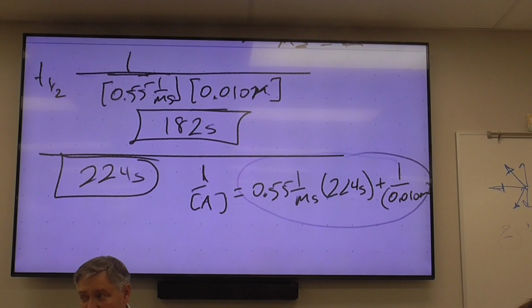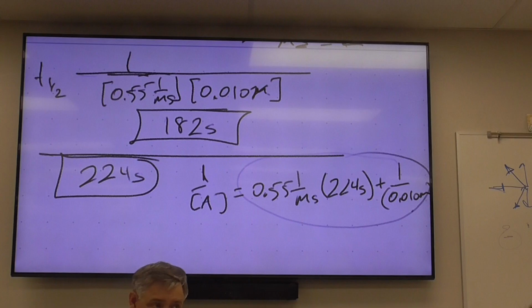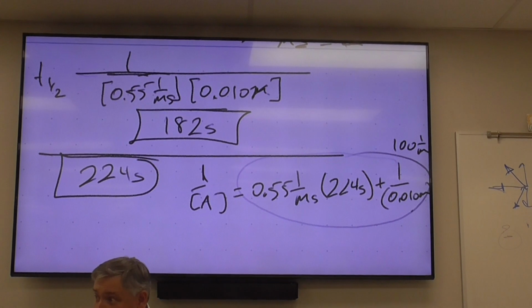So what you've got to do is all of this. Sometimes, so they don't have to do this step each time, people like to take the inverse of 0.01. So if I take the inverse of 0.01, what do you get? 100. Yes, and that's 1 over molarity.